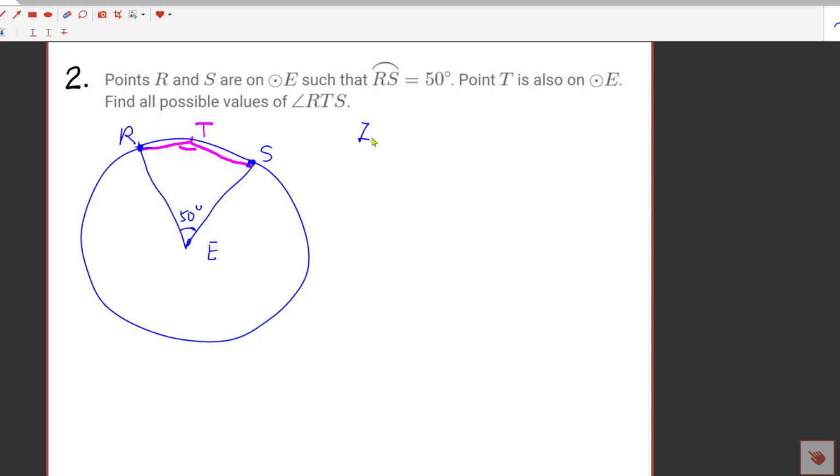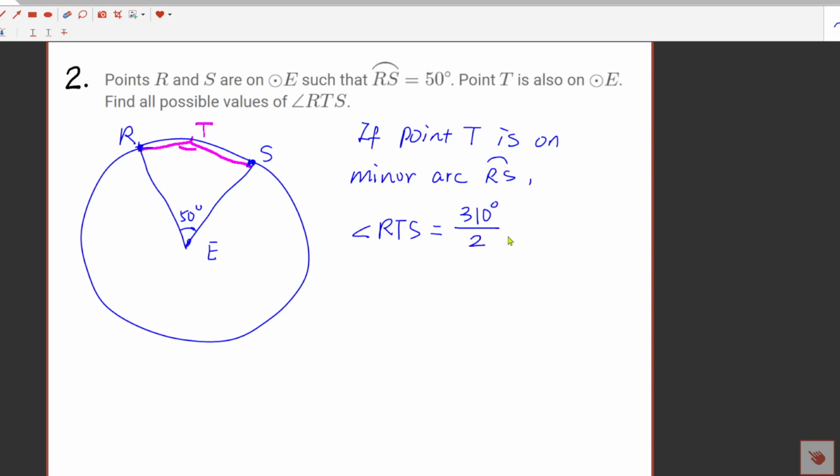So if point T is on minor arc RS, the angle RTS is inscribed in major arc RS, which has measure 360 minus 50, which is 310, right? In that case, angle RTS is simply 310 degrees over 2, which gives us 155 degrees, right?